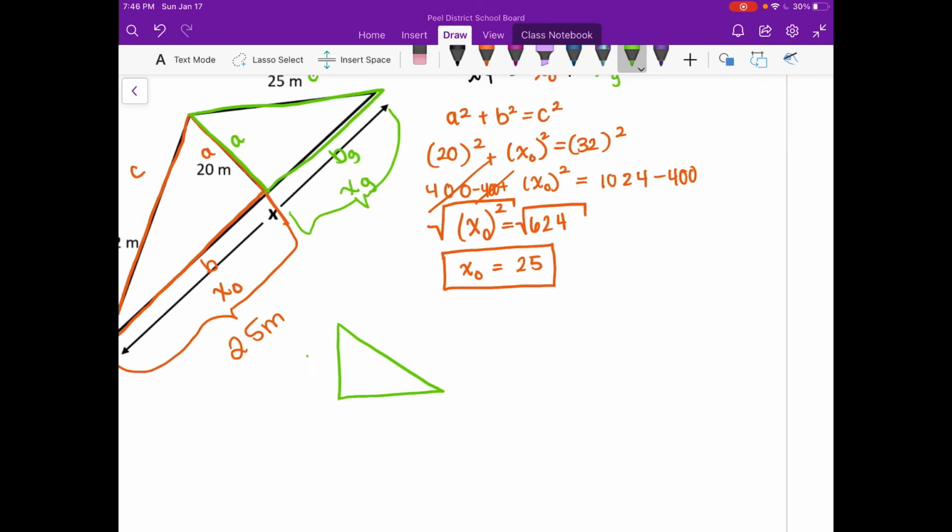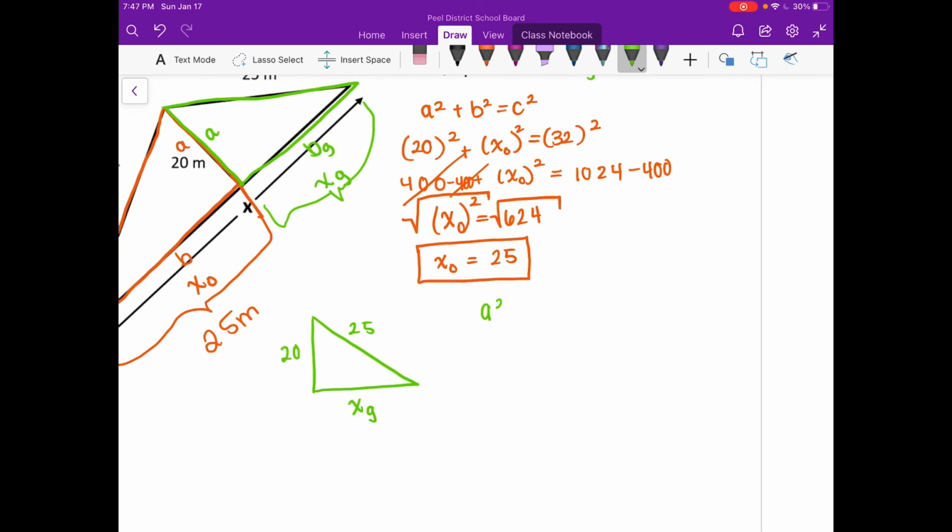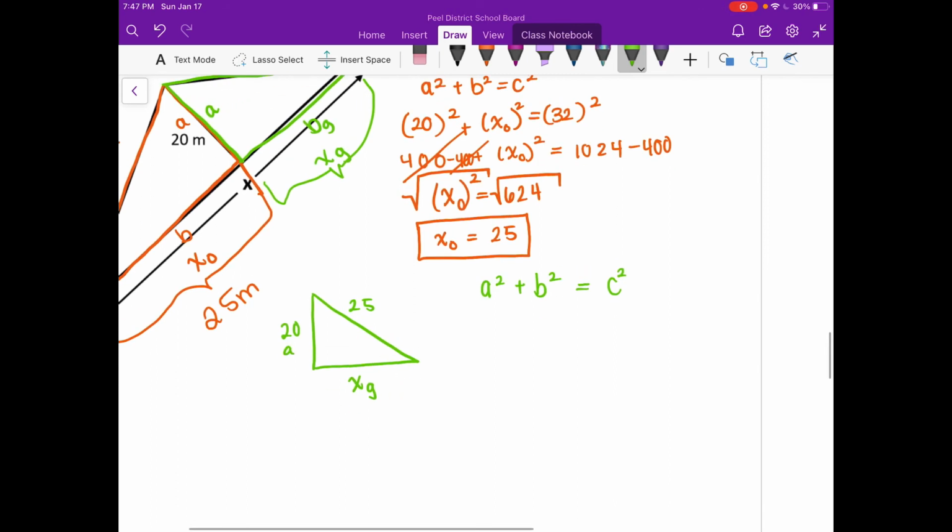Okay, so again, I'm going to do a squared plus b squared equals c squared. And if you want, you could actually do this another way. If you label this a, b, c, I know I'm going to isolate for b, so I can just move the a over right away. So I can say b squared equals c squared minus a squared. I could say that as well.